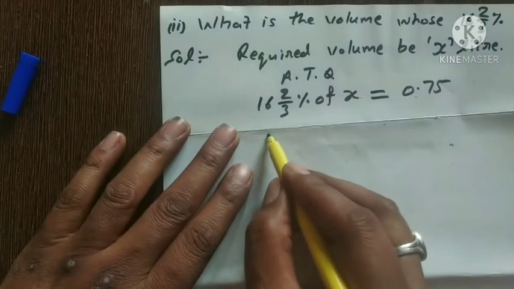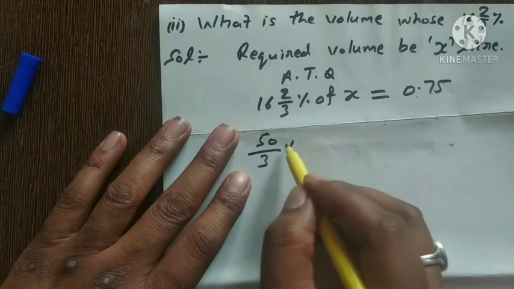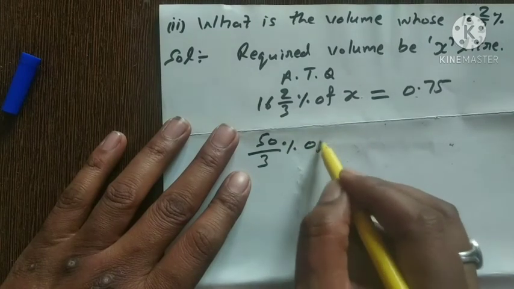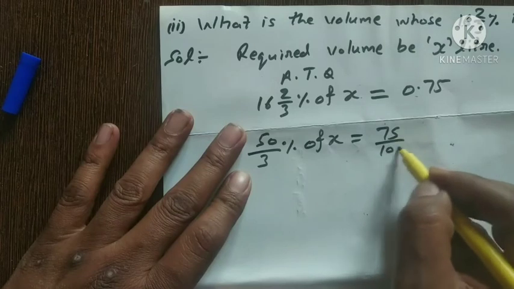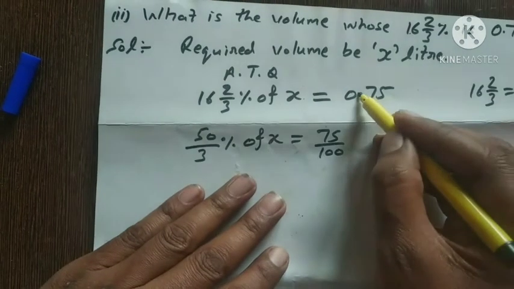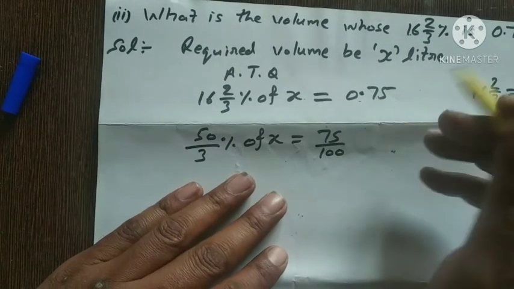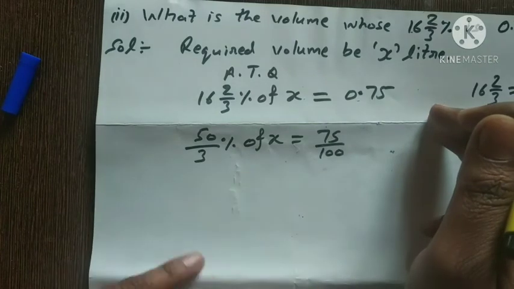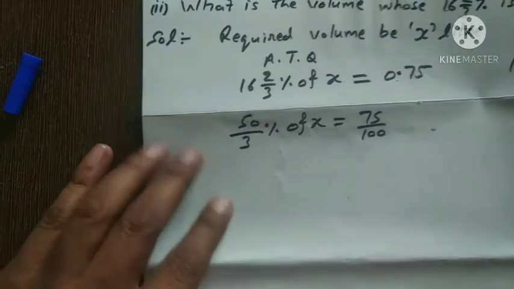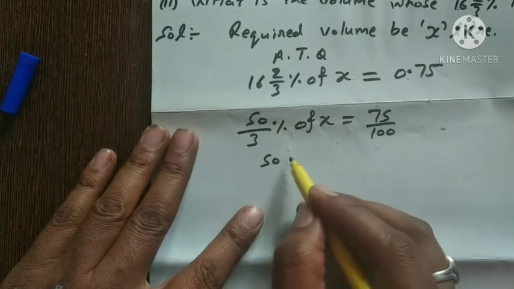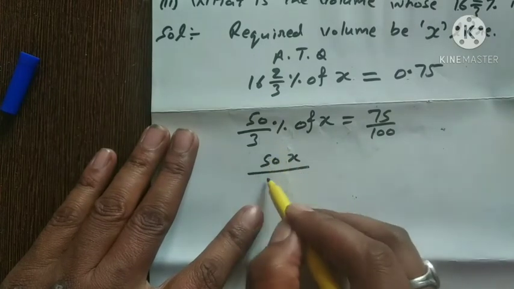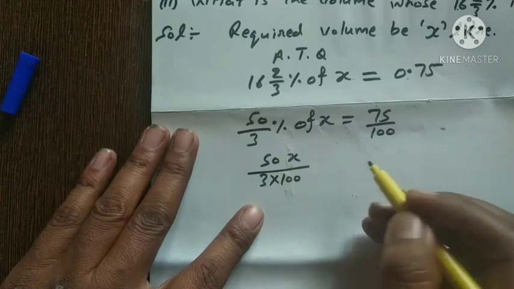Right? I will write here 50 over 3% of x is equal to 75 over 100. Why, student? Because after decimal there are 2 digits. So I can write it 75 over 100. Now 50 over 3 % of x. It means 50x over 3 multiply 100.